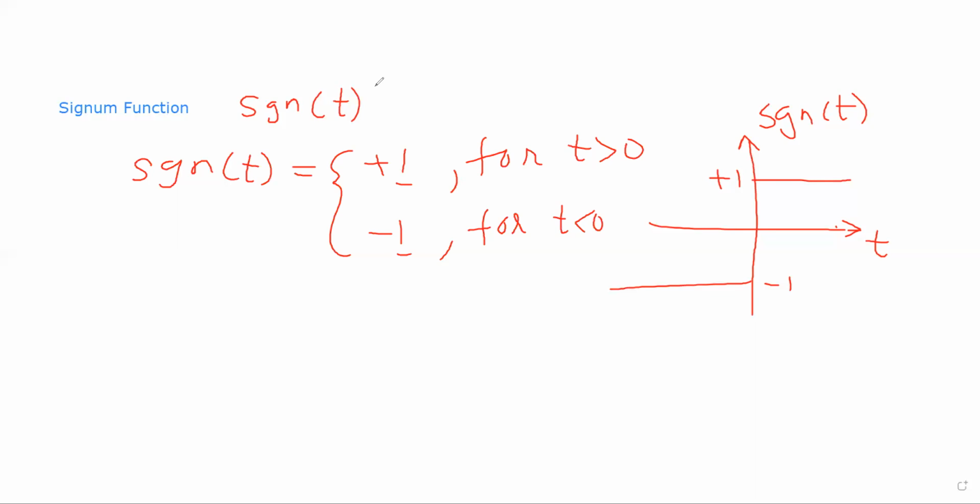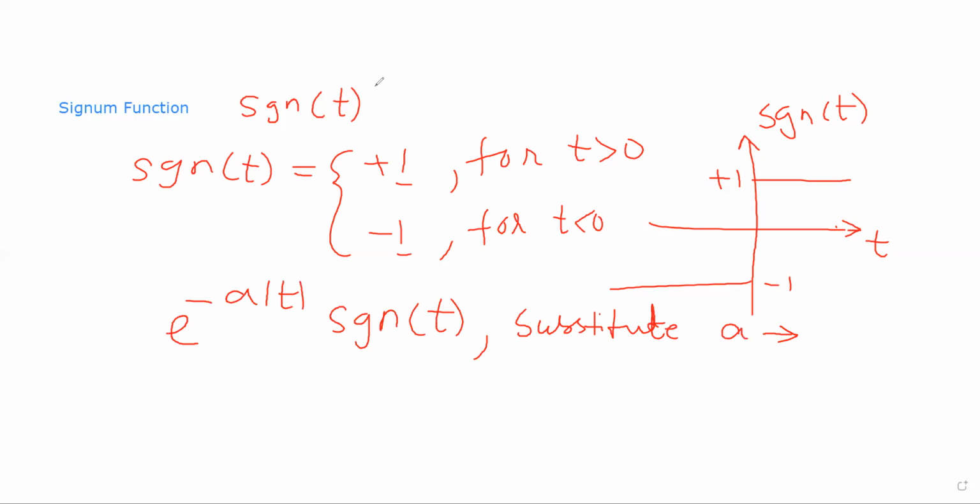So we cannot do it directly; instead we can substitute a function. Let us consider the signum function multiplied with an exponential function, that is e to the power minus a mod t, multiplied with the signum function, and then take the limit a tends to 0.